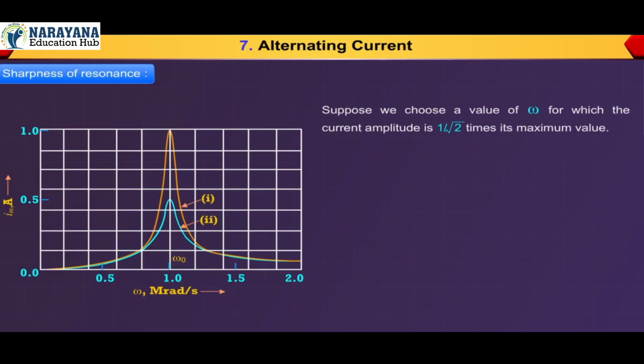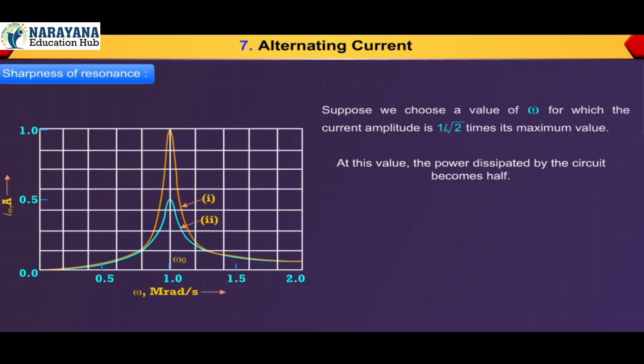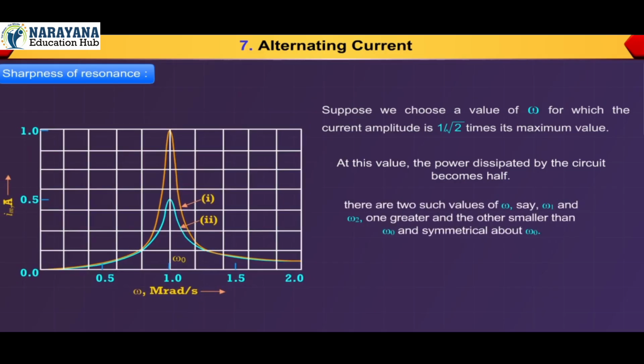Suppose we choose a value of ω for which the current amplitude is 1/√2 times its maximum value. At this value, the power dissipated by the circuit becomes half. From the curve in the figure, we see that there are two such values of ω, say ω1 and ω2, one greater and the other smaller than ω0 and symmetrical about ω0. We may write ω1 = ω0 + Δω.